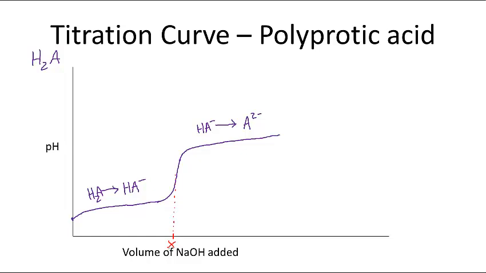And if the volume it takes to get to the first equivalence point is X, it's going to take 2X to get to the second equivalence point. So did I do this about right? Is this about 2X here? I hope so.